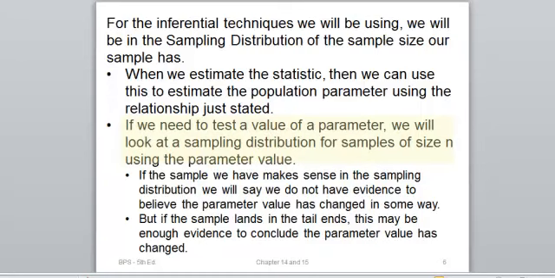So if the sample we have makes sense in the sampling distribution, we'll say we don't have enough evidence to believe the parameter value has changed in some way. But if that sample lands in one of the tail ends, or both, well, it would have to land in one or the other, this may be enough evidence to conclude the parameter has changed. And we'll see all this. I'm just getting you ready for what's going to go on in this chapter.